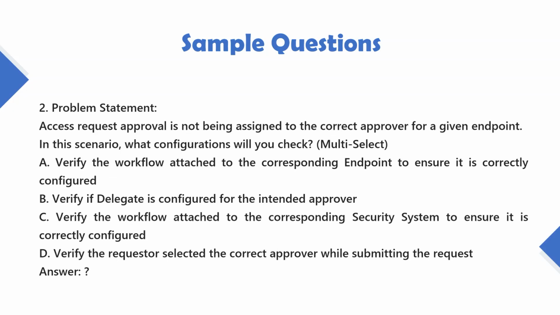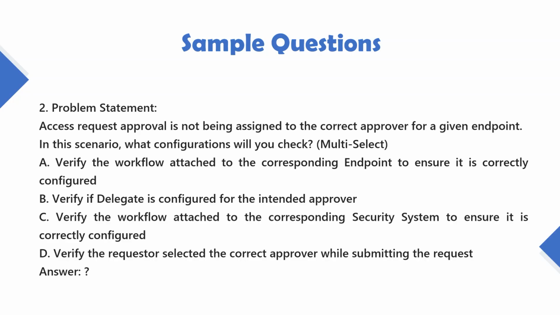2. Problem statement. Access request approval is not being assigned to the correct approver for a given endpoint. In this scenario, what configurations will you check? Multi-select. A. Verify the workflow attached to the corresponding endpoint to ensure it is correctly configured.